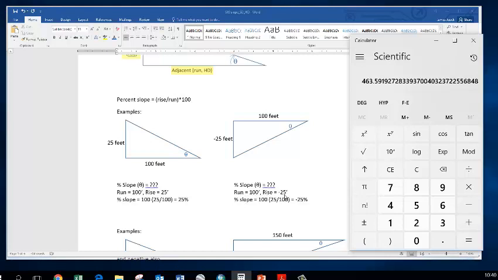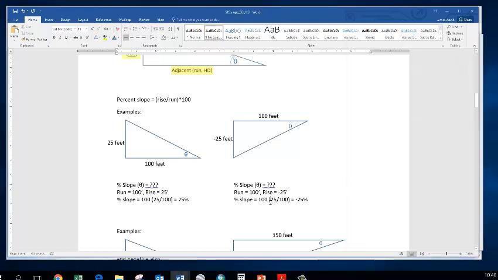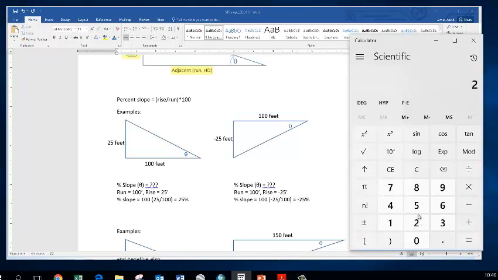The rise, or anti-rise maybe, you want to call it that, is negative 25 feet. So, oops, I should have a 25 in here. Sorry, let me put a minus in there. And so let me plug that in. I go 25, make it a minus, divide that by 100 times 100, and it's minus 25% slope.